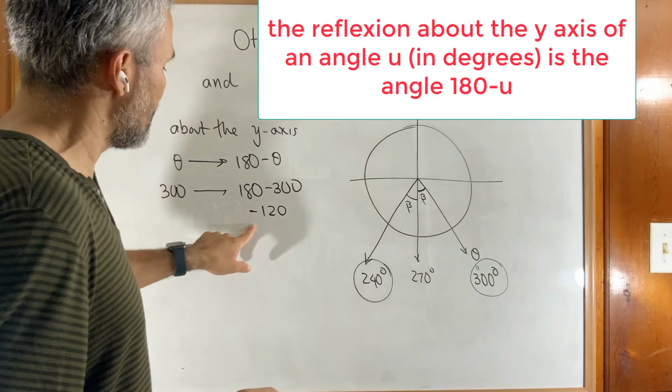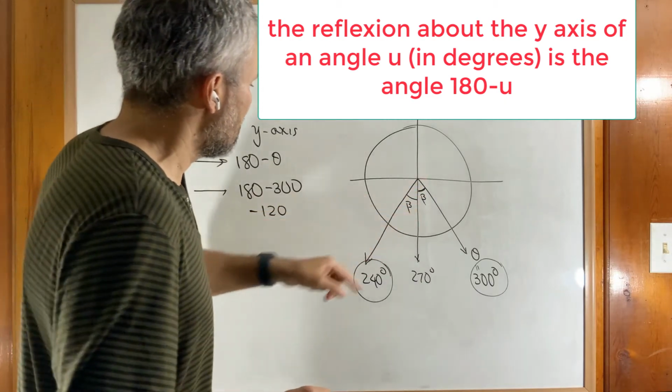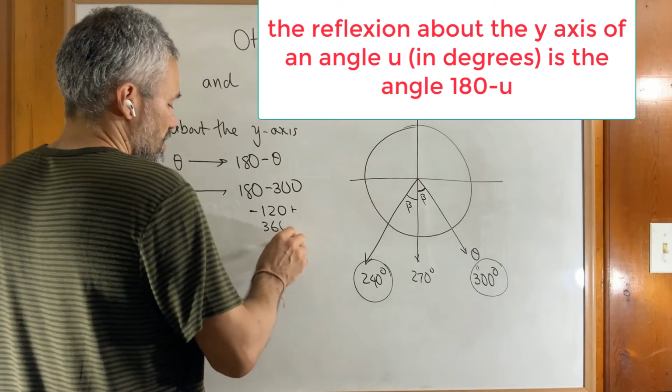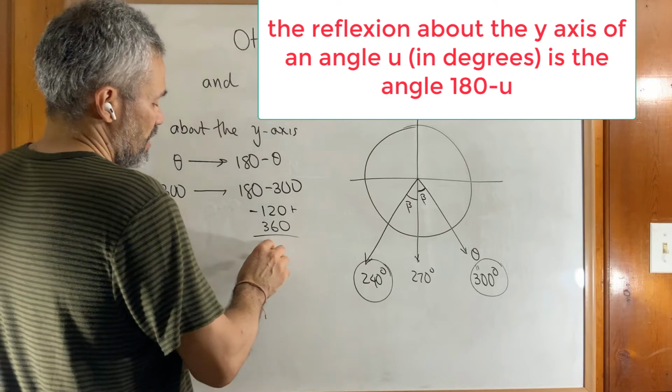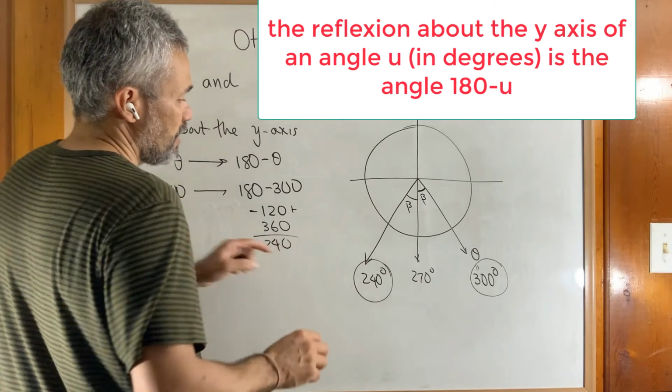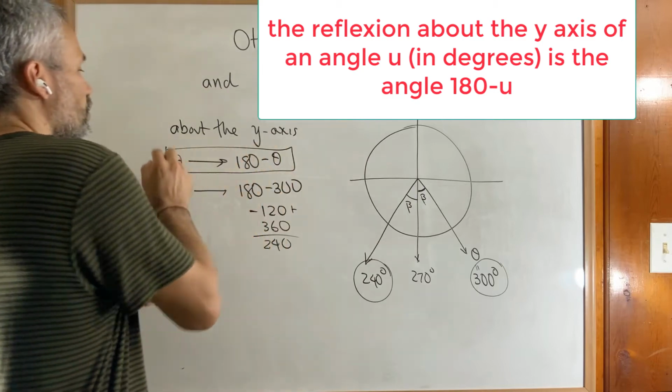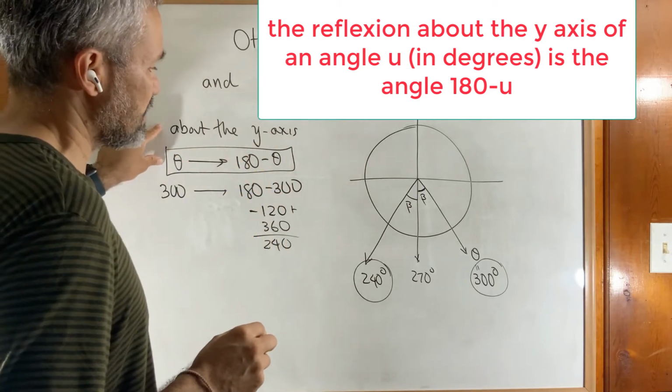And negative 120 is coterminal with 240, adding 360. Then this formula will always work for the reflection about the y-axis.